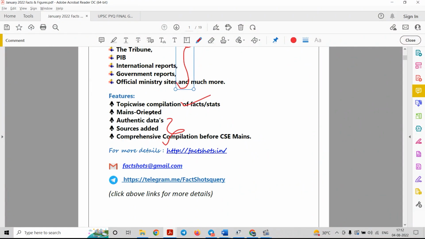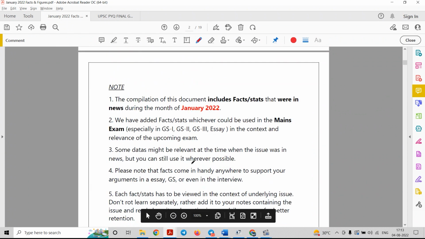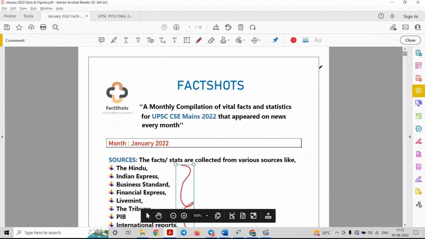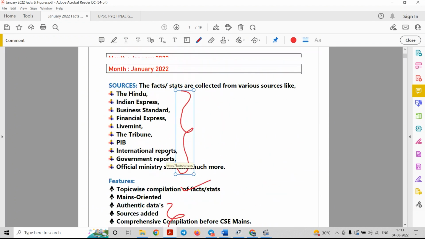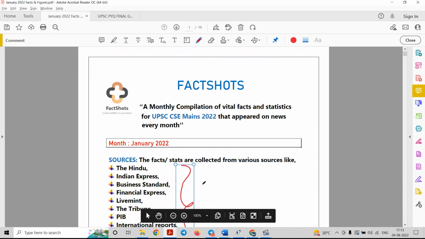You shouldn't quote any facts which don't have an authentic source. That gives more authenticity to your data. If the examiner reads that fact, he will be assured that this candidate has written a fact from authentic data.